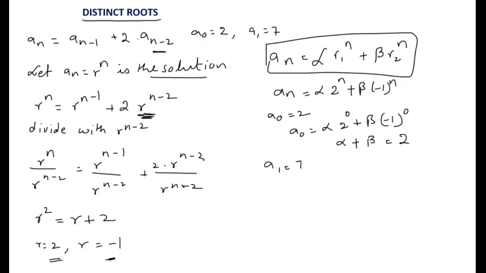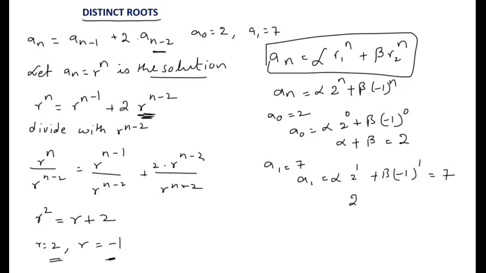Similarly, a_1 = 7, so in place of n we place 1. So a_1 = alpha into 2^1 plus beta into (-1)^1 is equal to 7.